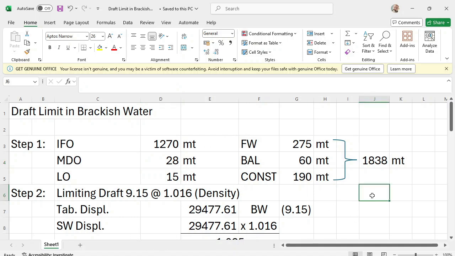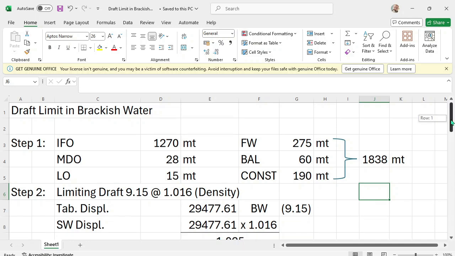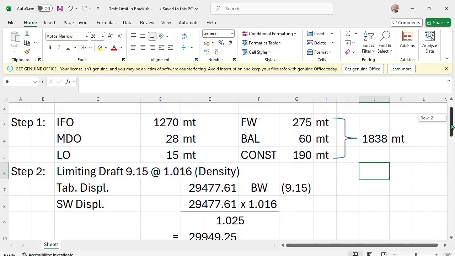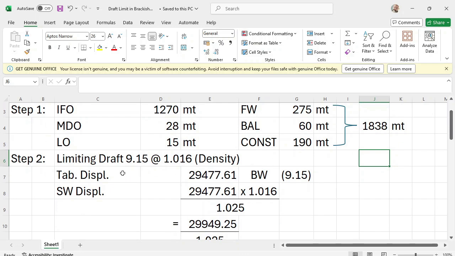The next, step 2, our limiting draft is 9.15 and the density is 1.016, the local density. So the vessel now is floating at berth at the draft of 9.15 with the local density of 1.016. Now, what is the displacement at 9.15?